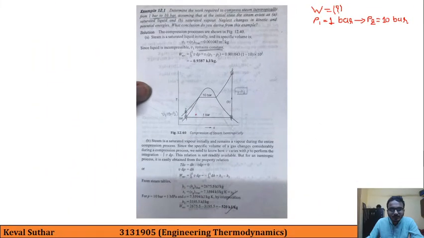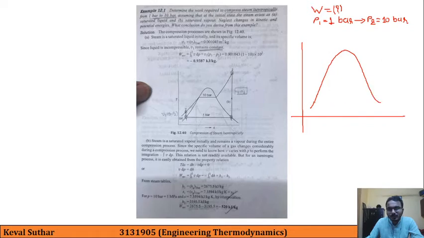If I need to draw it over here, we will have our first numerical as here point 1, which is at saturated liquid state, and we are going up to point number 2.